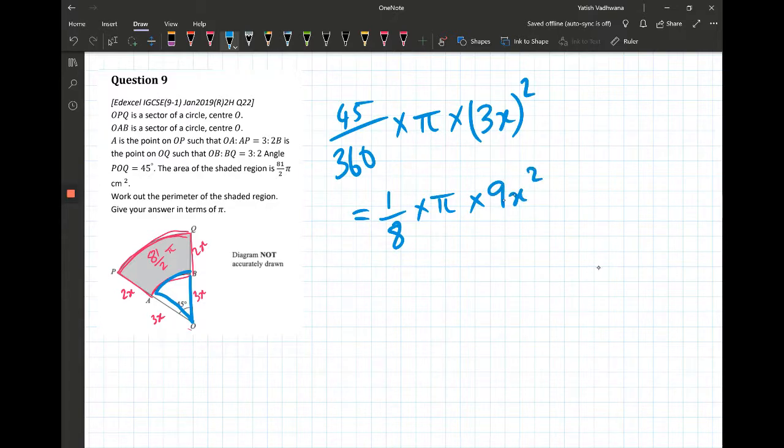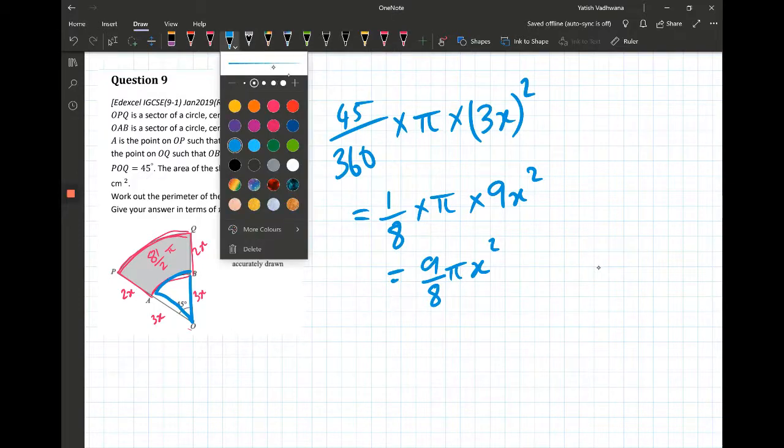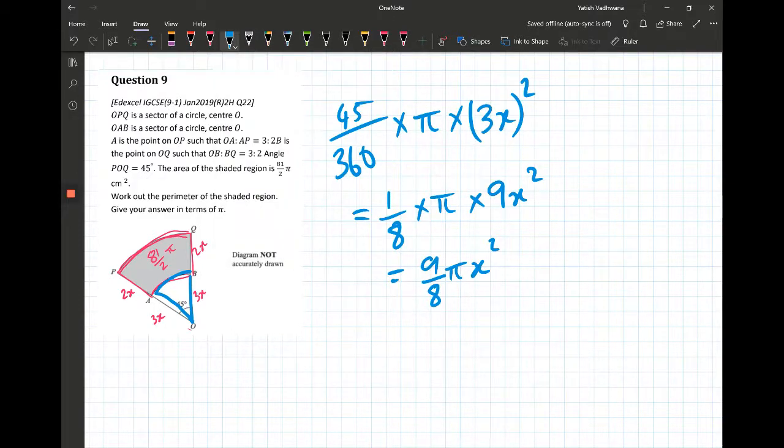If you simplify that all together, it just becomes 9 over 8 pi x squared. That is the area of this blue sector. So let's label that on here: 9 over 8 pi x squared.